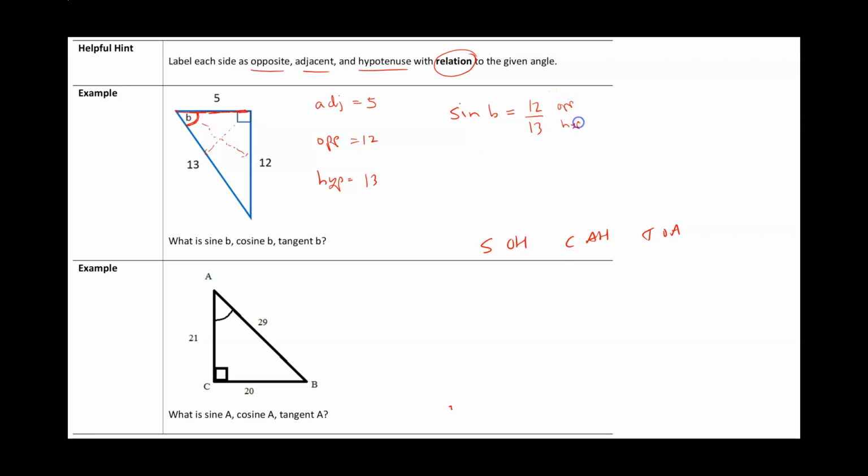Cosine of B is adjacent over hypotenuse, so the adjacent side is 5, over the hypotenuse, 13. And then tangent of B is opposite over adjacent, so opposite of B is 12, and adjacent is 5.